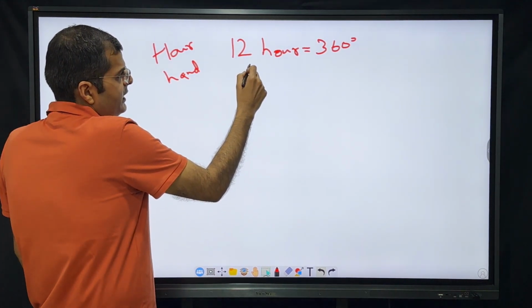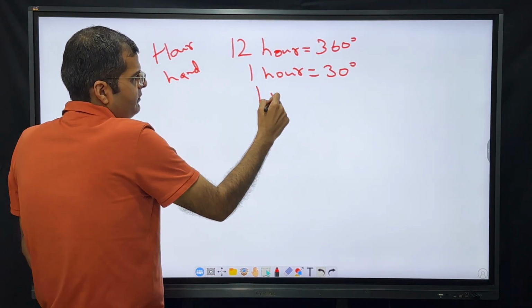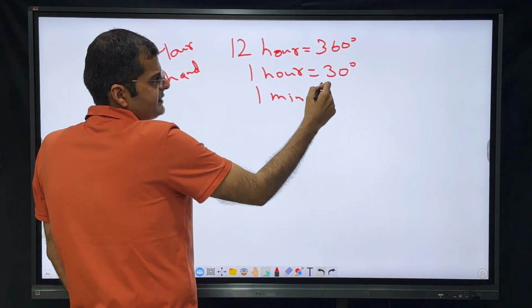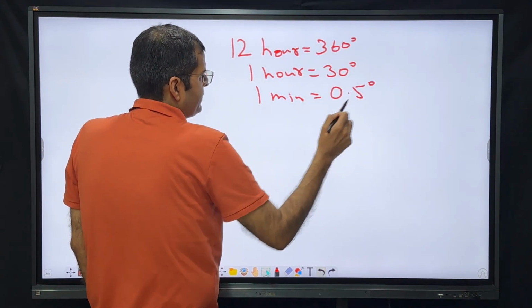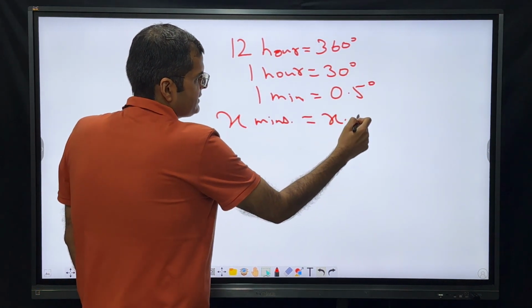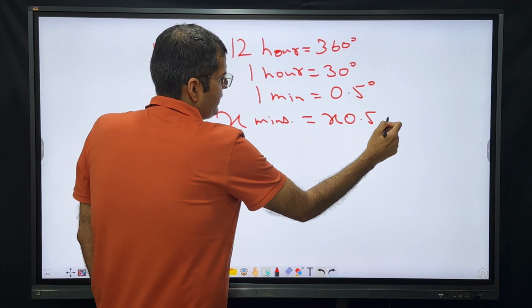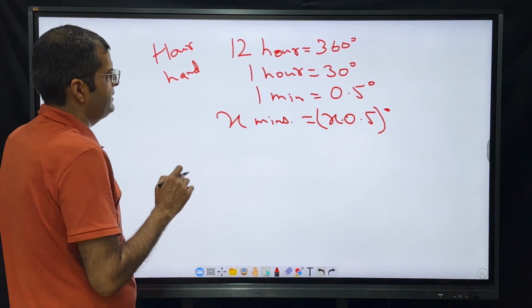And that means in 1 hour, it covers 30 degrees. That means in 1 minute, it will cover 30 degrees divided by 60, because 1 hour is 60 minutes. It covers 0.5 degrees. That means in x minutes, it covers x into 0.5, so 0.5x degrees. This much it covers in x minutes.